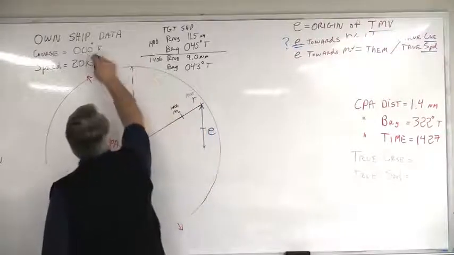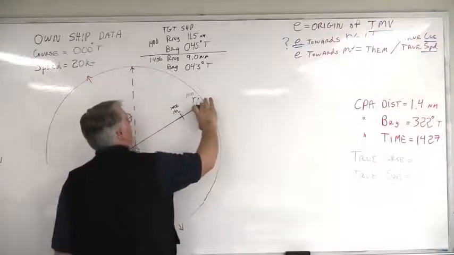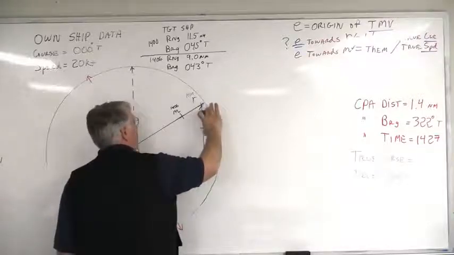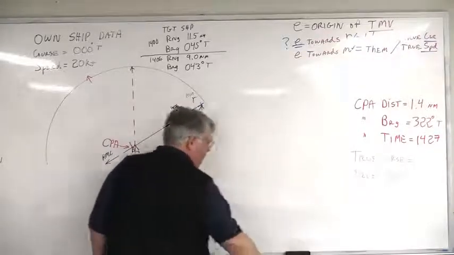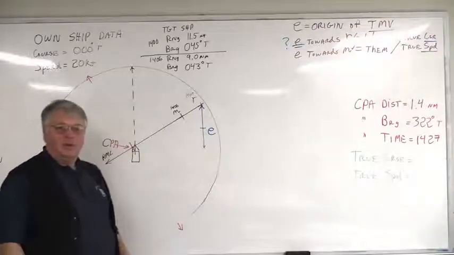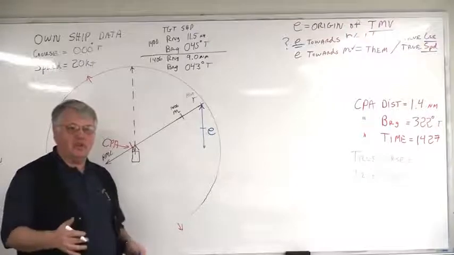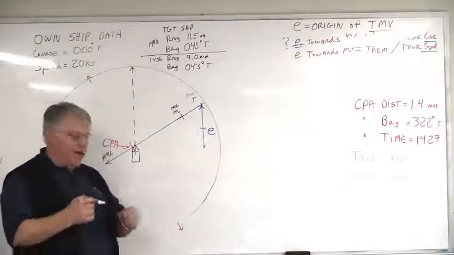Yep. Yeah, because it's 0, 0, 0. And if I measure the distance of that true motion vector, that actual line that's on the paper, I went 2 miles in 6 minutes. You see what I'm saying? So it's got to represent the true information. It's a true motion vector.